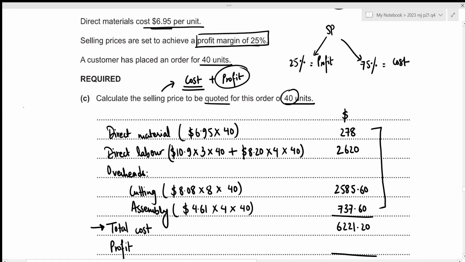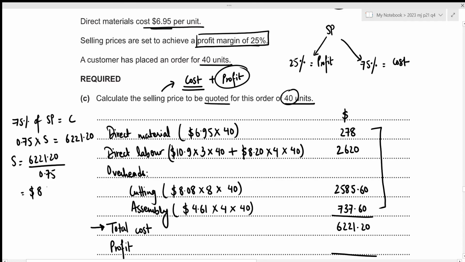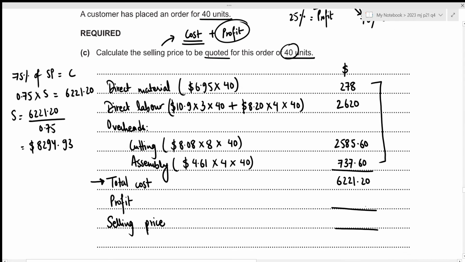So what we just wrote down is that 75% of selling price is cost. So we can write it down as 0.75. We can multiply it by the selling price. And we already calculated the total cost to be 6,221.20. Now the selling price is just going to be 6,221.20 divided by 0.75, which results in the value of 8,294.93. So that will be our selling price.